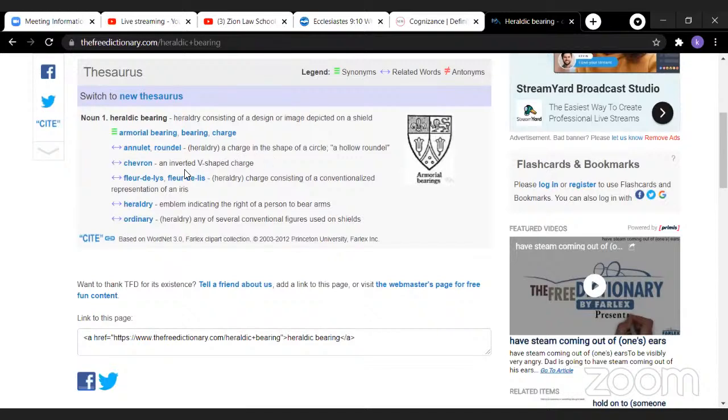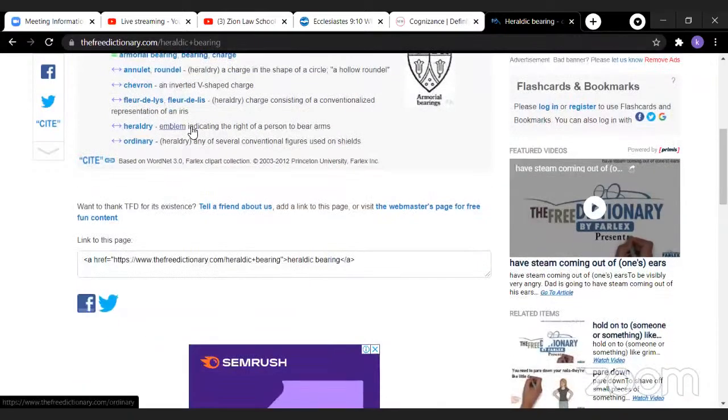If you see a circle or an inverted V, like right here, that's called a chevron. Fleur-de-lis, a charge consisting of a conventionalized representation of an iris. Okay, so where is the part about nobility?